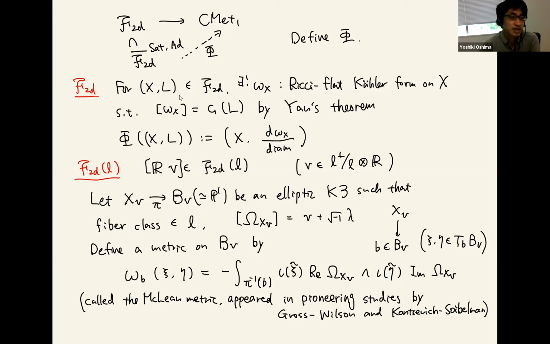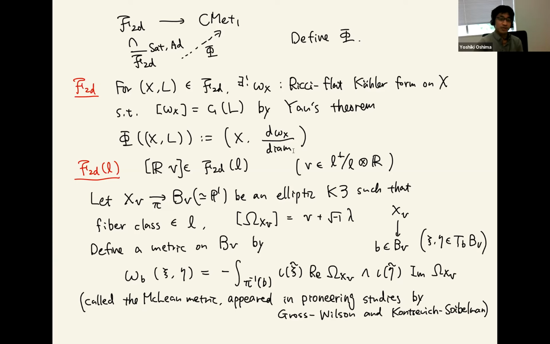We have a polarized K3 surface, so by Yau's theorem, we have a unique Ricci-flat Kähler form on X belonging to the class determined by the line bundle. Then we attach a metric space coming from this Ricci-flat Kähler form, but rescaled so that the diameter becomes 1.